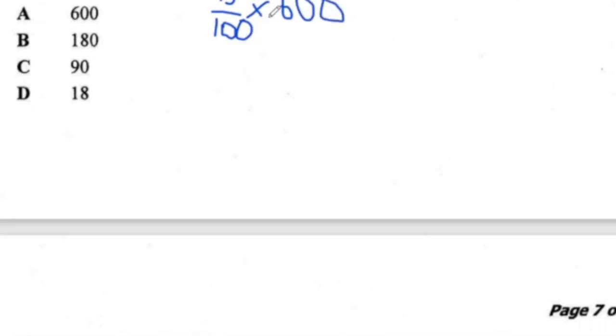To simplify this, we just cancel the zeros, the 0 on top and the 0 down and this 0. Then we remain with 1. Then we say equal to, then 15 times 6 will give us 90.